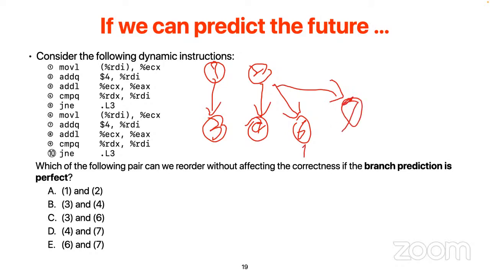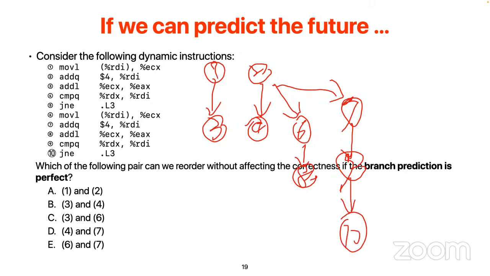Who else? I think 9 is depending on 7, so 9 is here, and 8 is then depending on 6, and 9 is depending on 10 too.